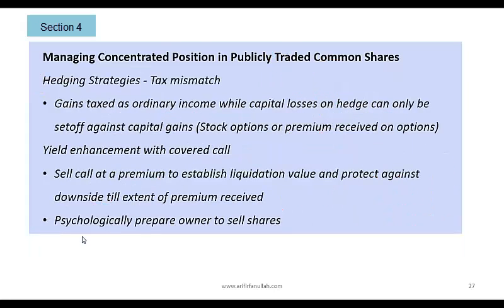Now with hedging, while we've discussed the strategies for hedging, we also need to look at tax. What we're discussing here is a tax mismatch. A scenario could be that you have stock options that are growing in value, and those gains are being taxed as ordinary income.